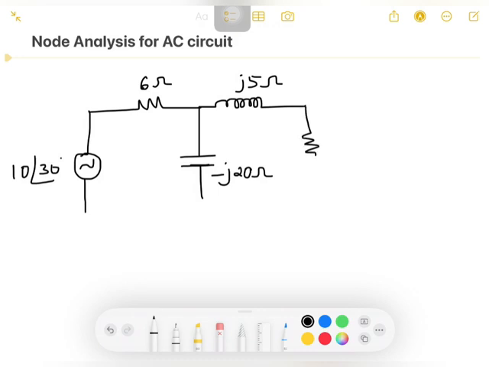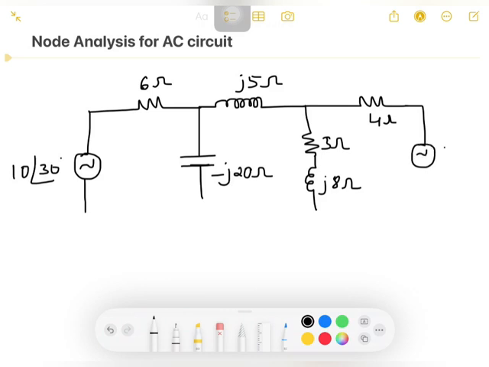A resistor along with an inductor in series to that, J 8 ohms, that is 3 ohms, an impedance we can say 3 plus J 8, and one more resistor in series to that is 4 ohms, and one more voltage source.